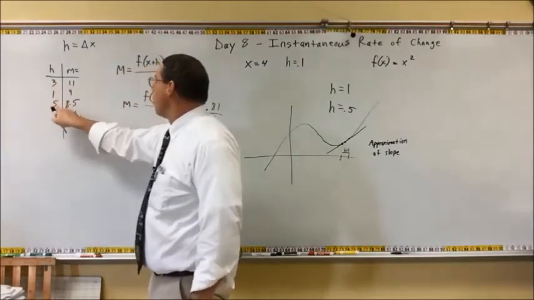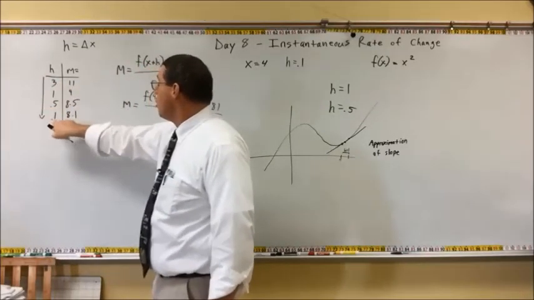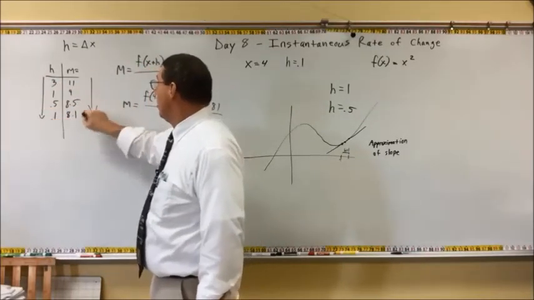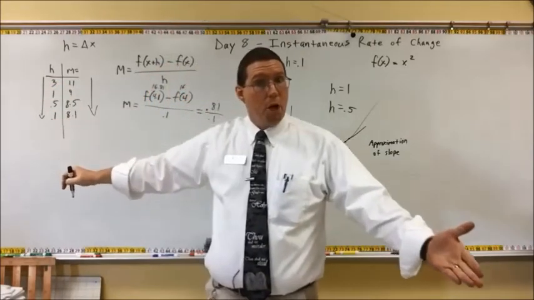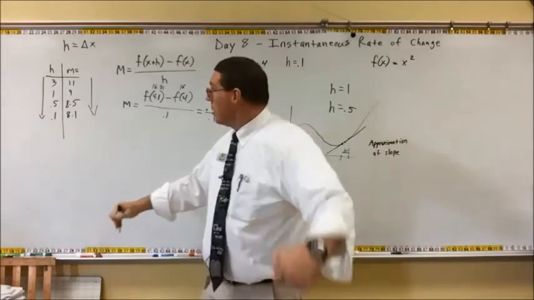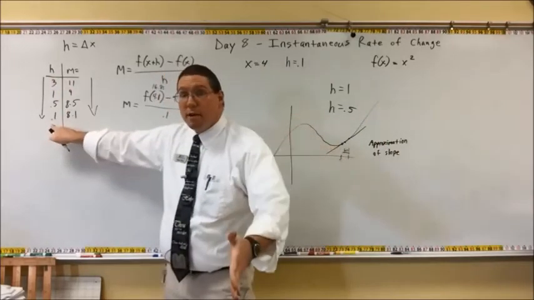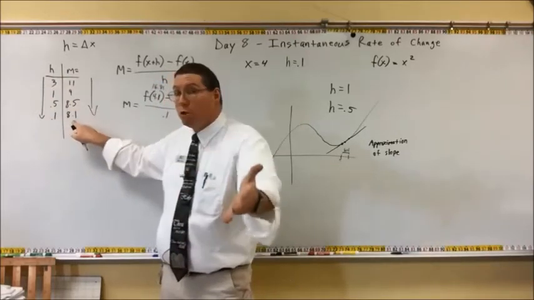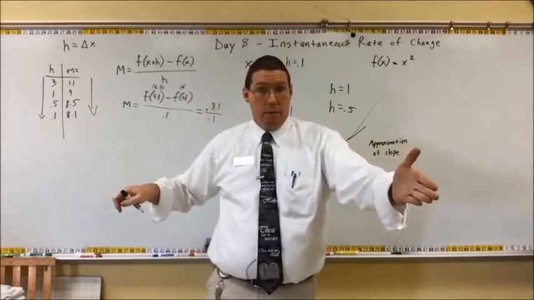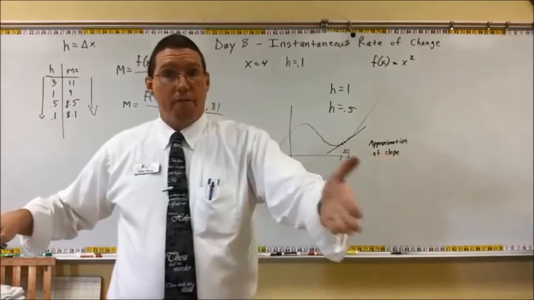What is this approaching? No. This is approaching 8. What is delta x approaching? 0. Yes. Our delta x is approaching 0, and as our delta x approaches 0, our slope is approaching 8. Right? Does that sound familiar to you?